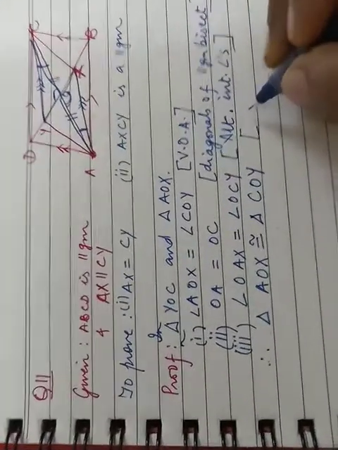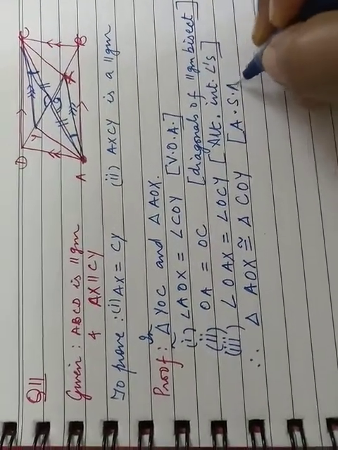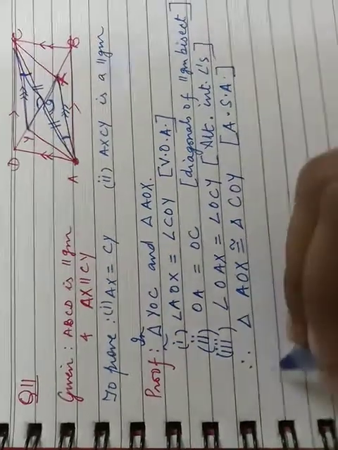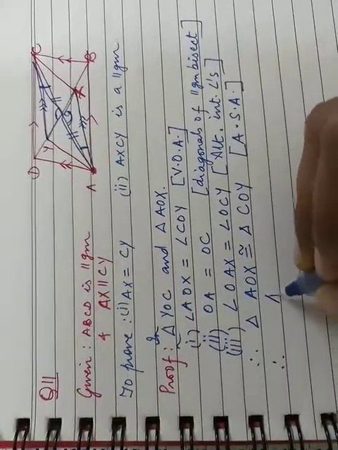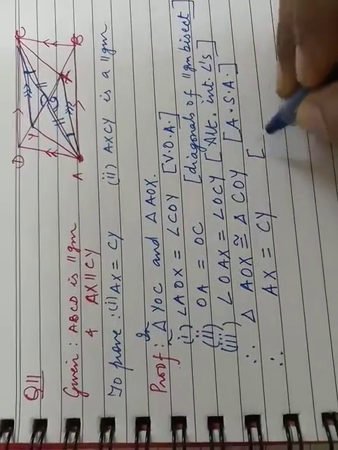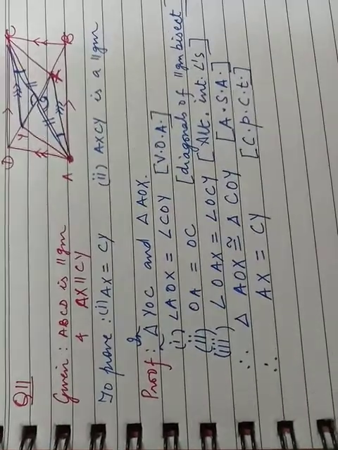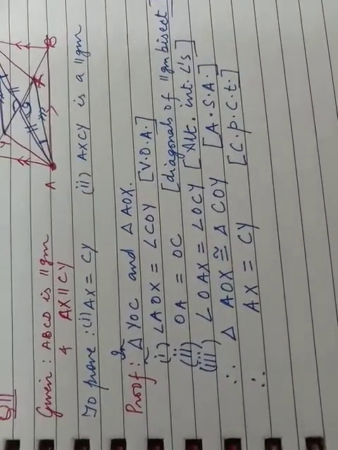What is the criteria under which they are congruent? It is angle, side, angle property. Therefore, AX is equal to CY. What's the reason? CPCT. That means corresponding parts of congruent triangles are equal.